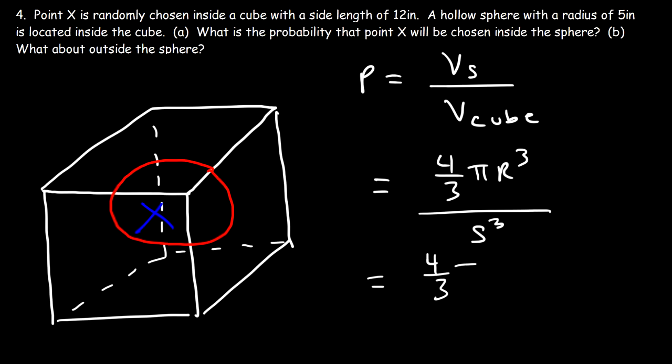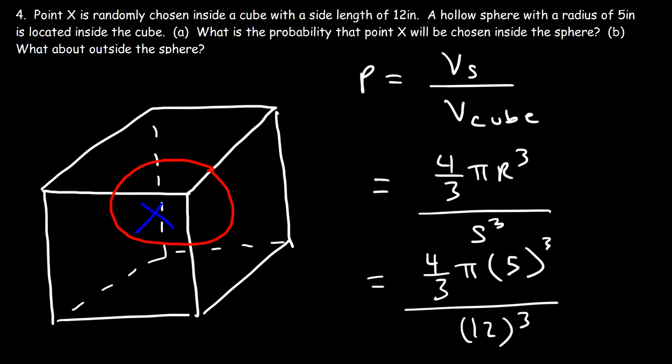Now we have the radius. The radius is 5 inches. And we have the side length of the cube. It's 12 inches. So this should give us the answer.